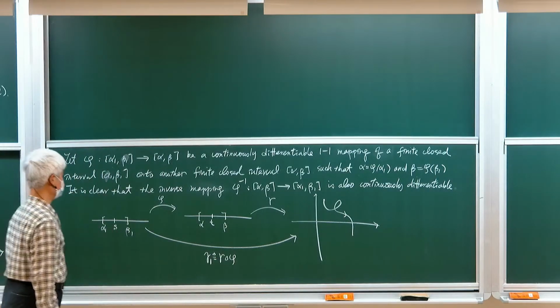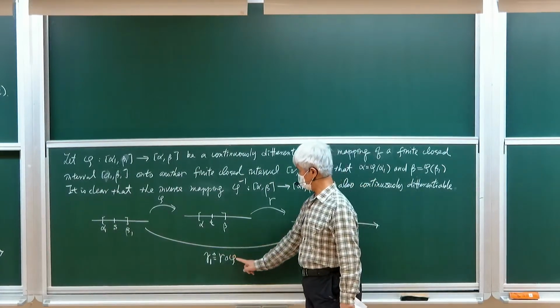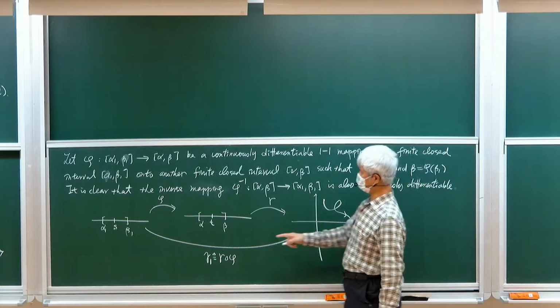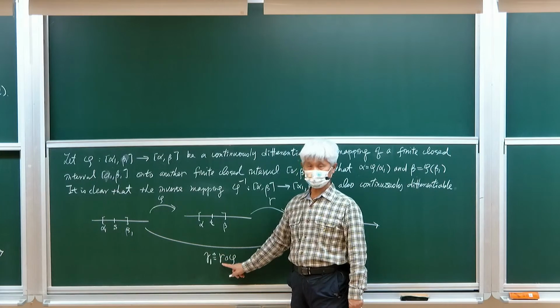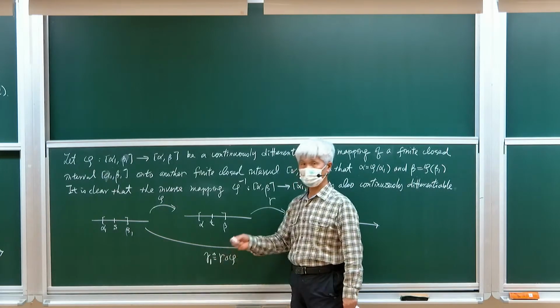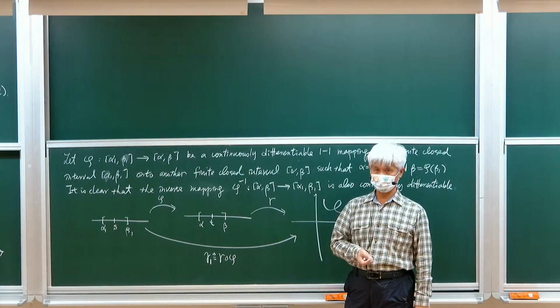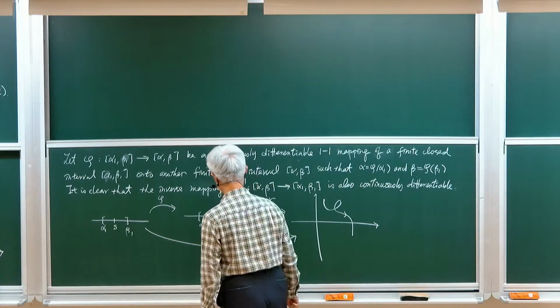Okay, now, because phi is differentiable, of course phi is continuous. And gamma is continuous, so the composition of two continuous functions is also continuous. Okay, this is also continuous.